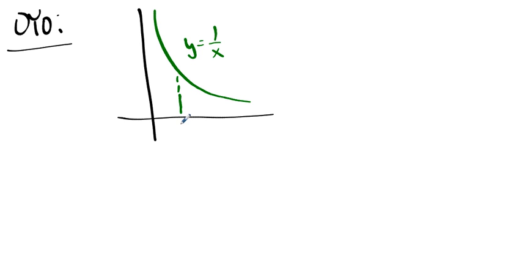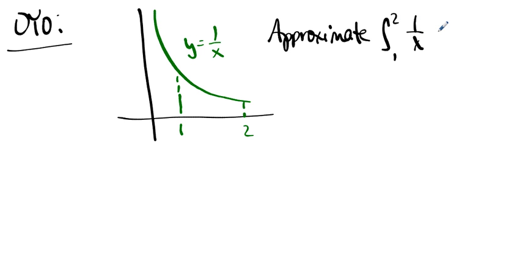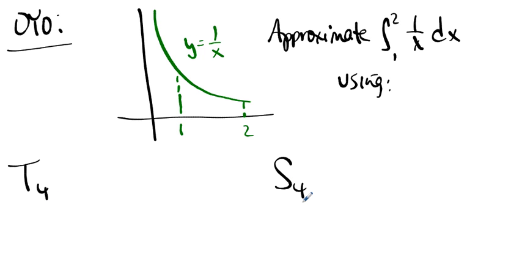On the interval from 1 to 2, figure not drawn to scale, I would like you to approximate the integral from 1 to 2 of 1 over x dx using a trapezoidal approximation with 4 subintervals and Simpson's rule with 4 subintervals. Get some approximate answers. They should almost match, and they should both be almost what the actual retail price is, and you can figure out what that is.